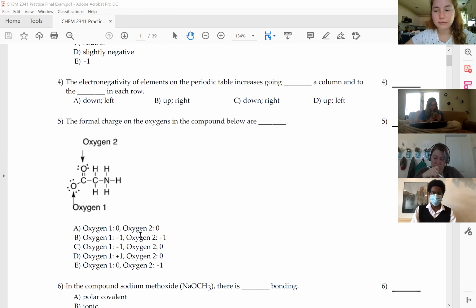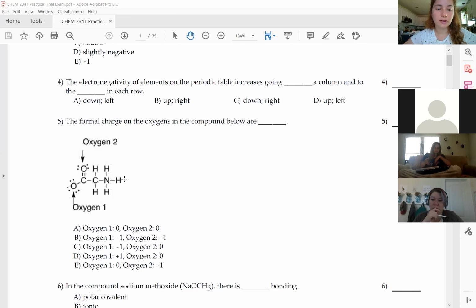The bonding schemes are probably pretty solidified in your head. So when you look at an oxygen that has 2 bonds and 2 lone pairs, does anybody just automatically know off the top of their head what the charge is on that oxygen? Is it neutral? Is it +1? Is it -1? It's neutral.